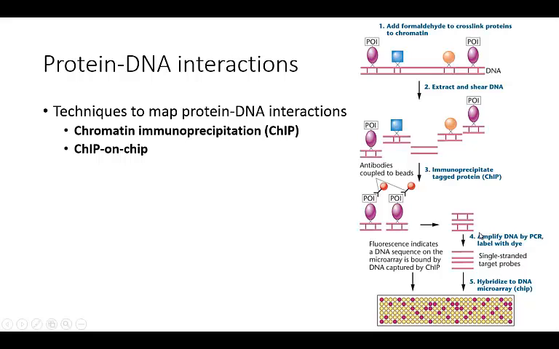You can amplify it through PCR, and at this point you can run these samples on a gel, and this is where you would pretty much end up if you were doing a ChIP. You can also do a ChIP-on-chip, and you can look to see all of the different places where this happens to be binding. All of the different DNA sequences for which your protein of interest happens to bind. So a pretty cool technique to look at what genes a particular transcription factor will control.